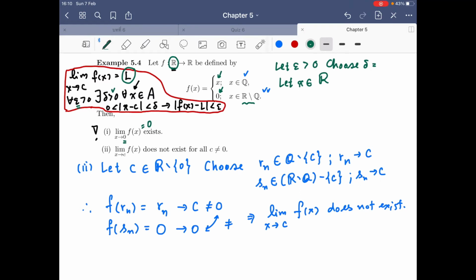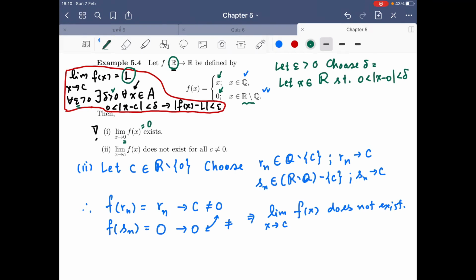However, before that, this x as a real number will satisfy that the distance between x and 0 is less than the delta that will be chosen.